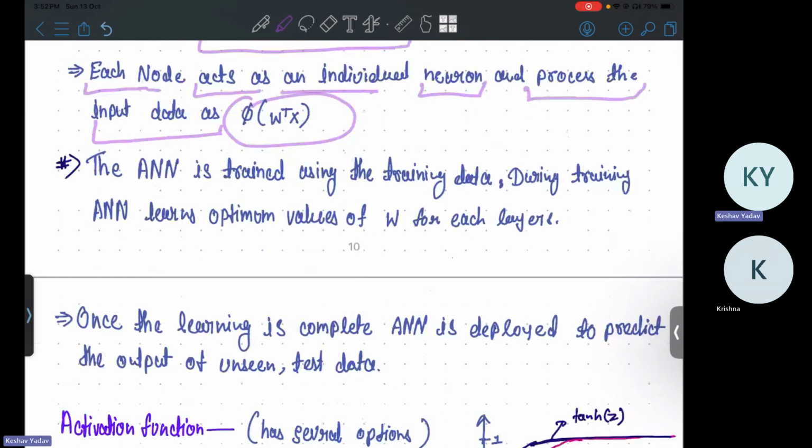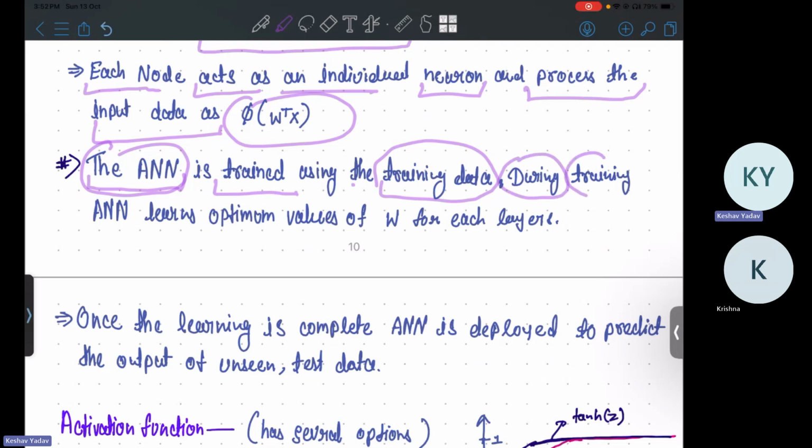So the ANN is trained using the training data. During training, the ANN learns the optimal value of W for each layer.